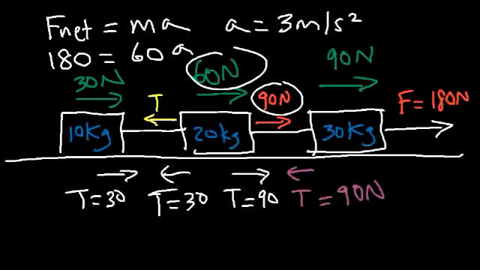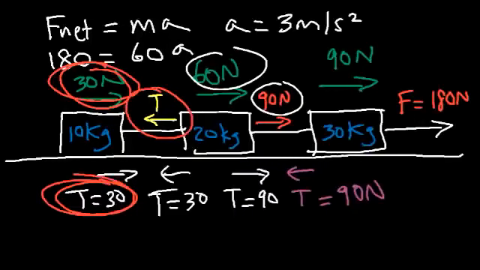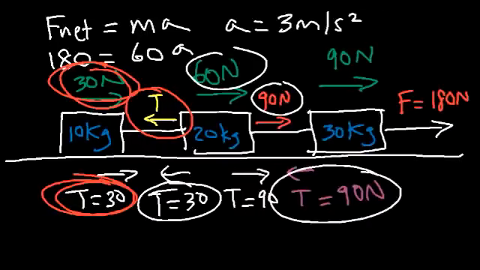And that tension force is equal to the net force on this block because there is no force that pulls the 10 kilogram block to the left. So therefore, for the last one, the net force on the last block is equal to the tension force in this rope. So the answer to this problem, the tension forces are 30 and 90.